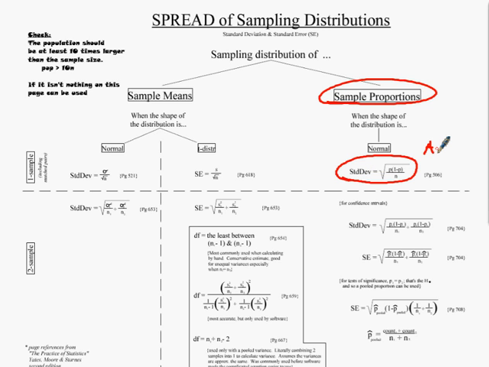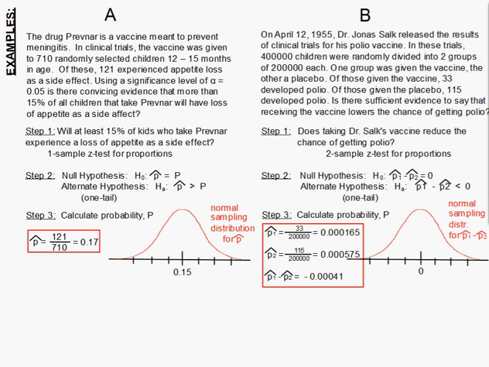This is for example A. Now example B is two sample, which is down here. This says for confidence interval. We're not doing confidence intervals. This is for tests of significance. So we're going to be using these. This is our example B. And you'll be able to see those as we calculate them next.